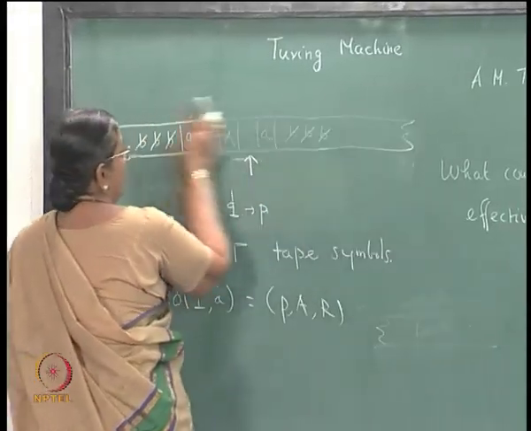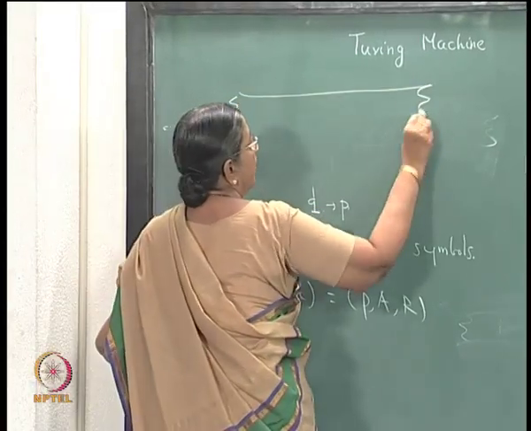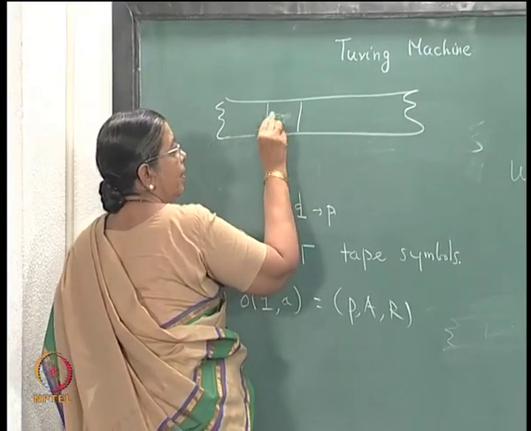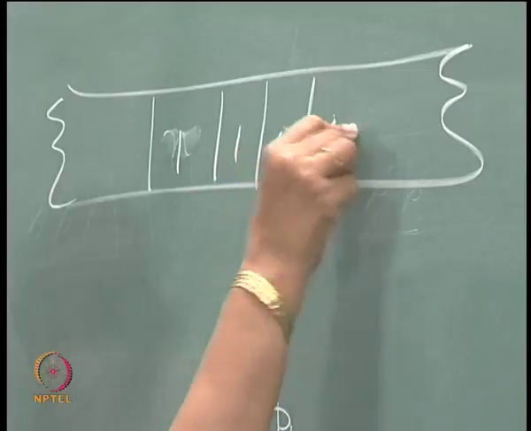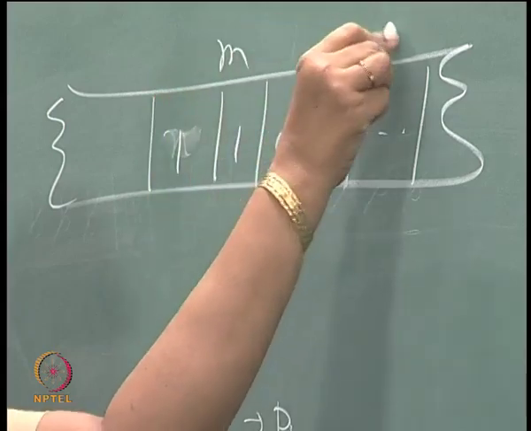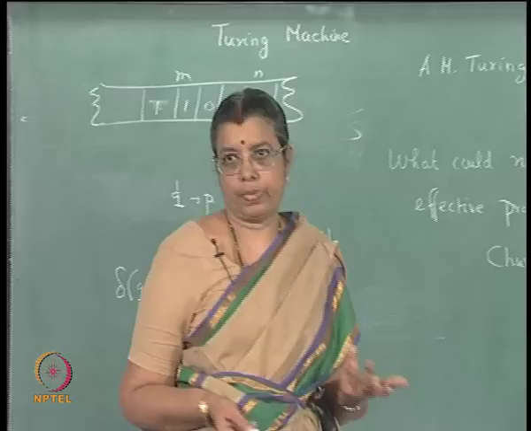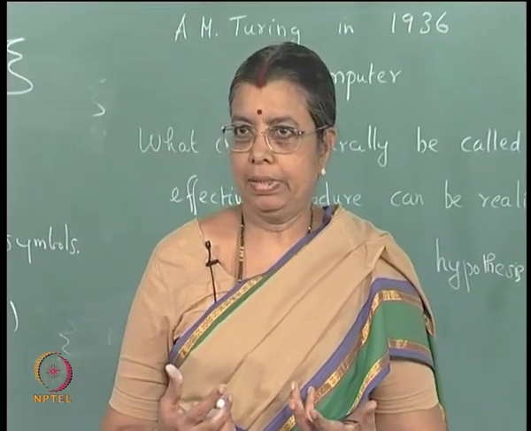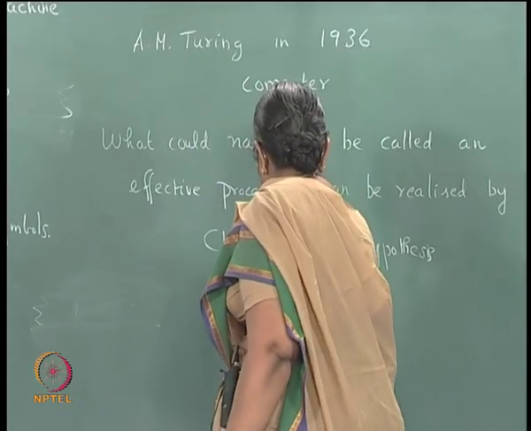For example, you may have a number n, it is not in one cell, some number, say 5, binary or decimal, it does not matter, and another number m, and you may write the Turing machine so that ultimately you come up with m plus n or multiplication m into n and so on. So, it is computing a function from the set of non-negative integers to non-negative integers.